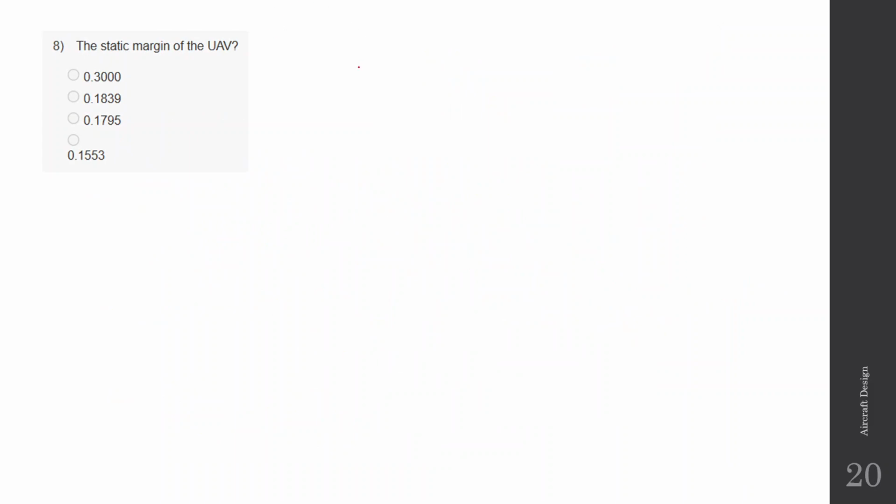So for this, we will use a relationship that static margin is equal to minus dCm by dCl. Okay. So this is a relationship that you know.